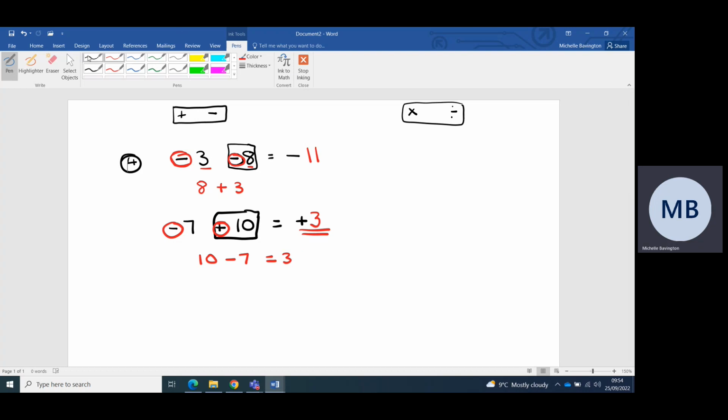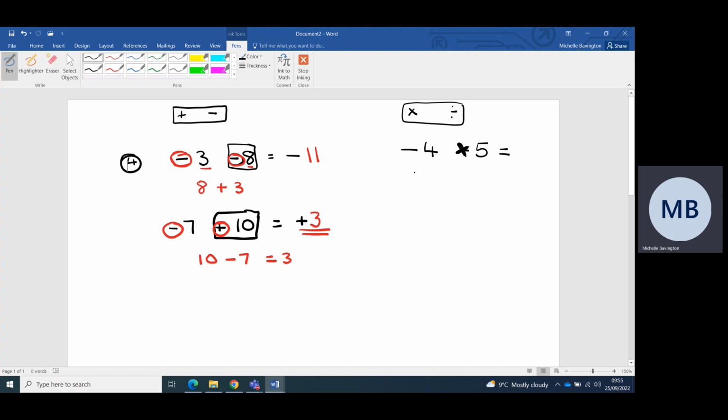Okay. The other one is times and divide, and that is one sign keep it, two signs don't. So let's do an example. -4 times +5.